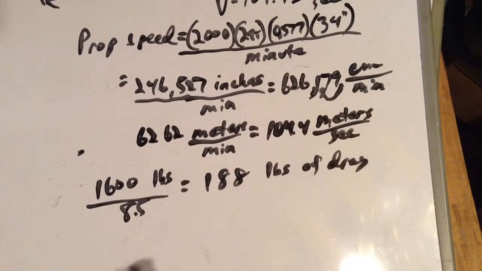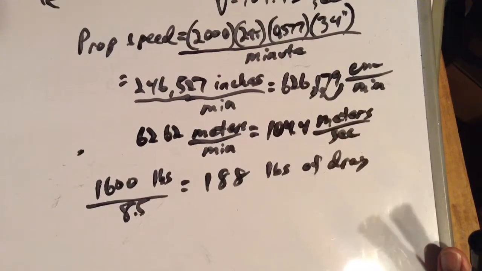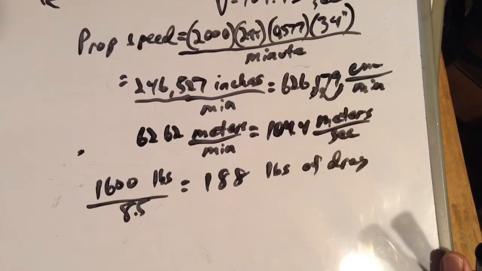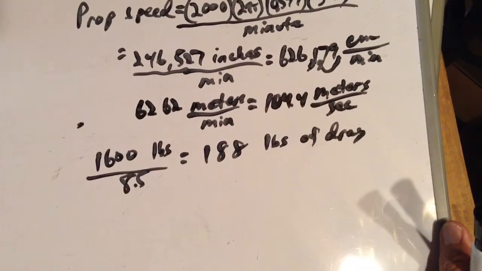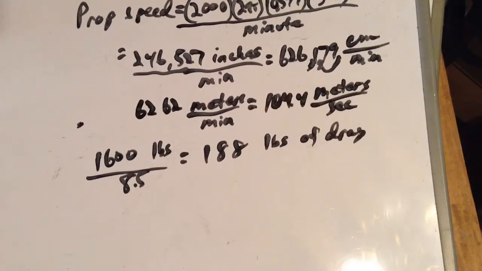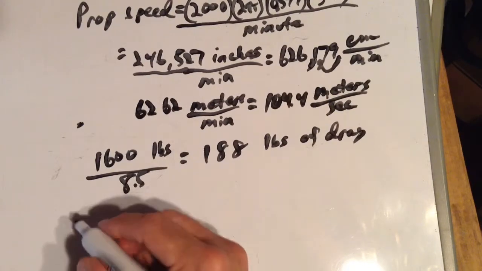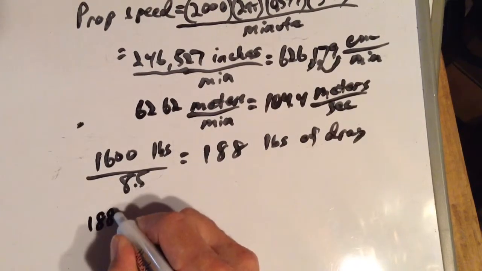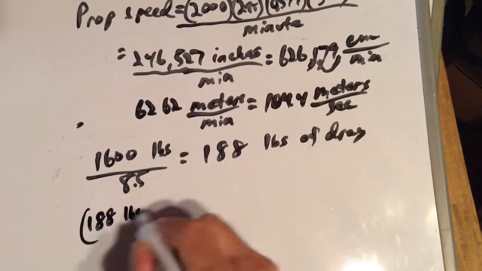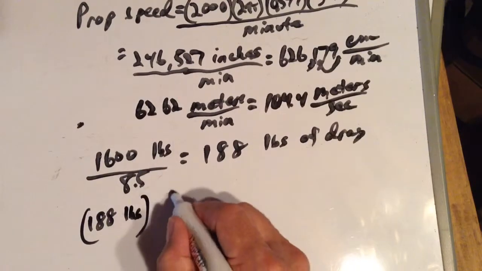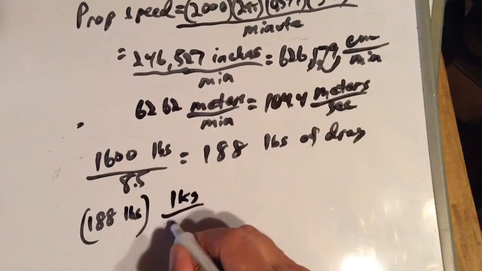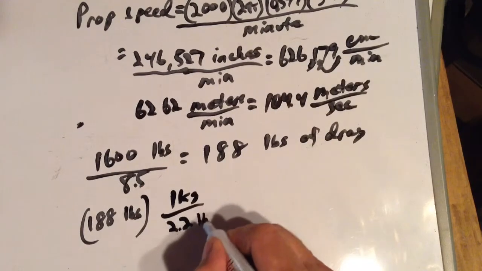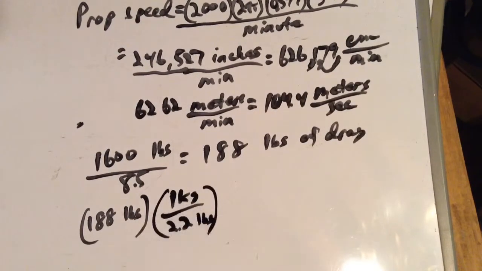Okay, let's turn that 188 pounds into newtons and figure out what the coefficient of lift of our propeller is. Remember how a pound was equal to 4.45 newtons? Or we can say 188 pounds times, well, 1 kilogram is equal to 2.2 pounds, so that'll turn our pounds into kilograms.